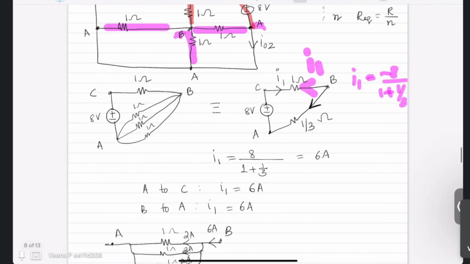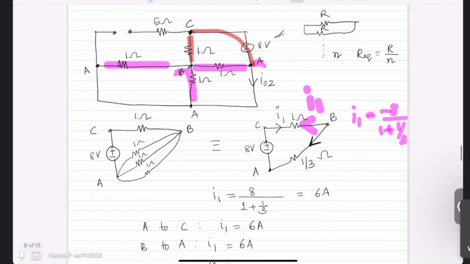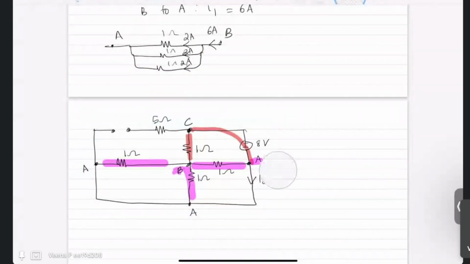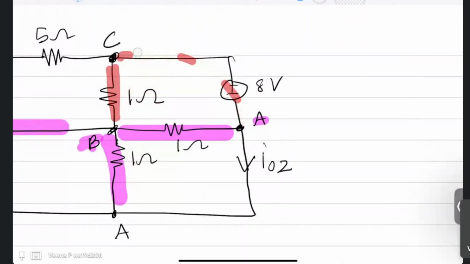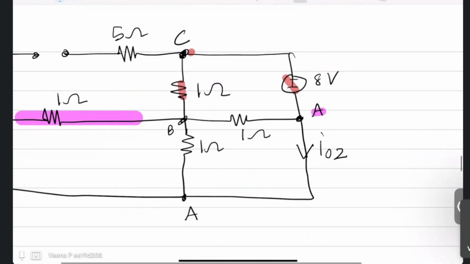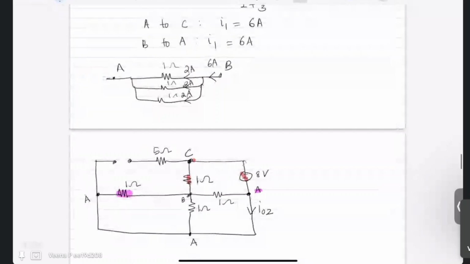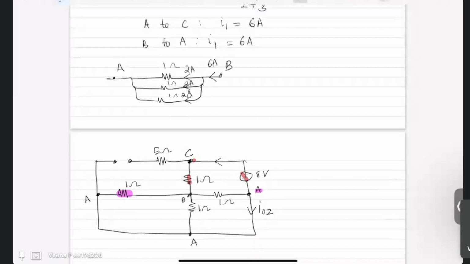So now in this given circuit, if you see, from A to C, from 8 volts, 6 ampere is flowing.